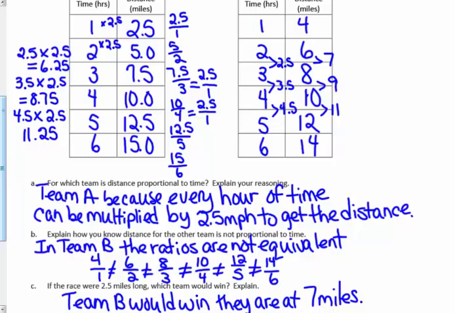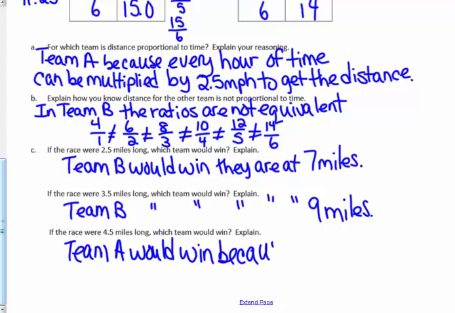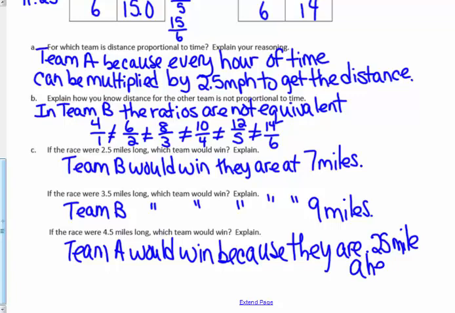Now Team A wins. At 4.5, Team A would win because they are 25/100 of a mile ahead of Team B.